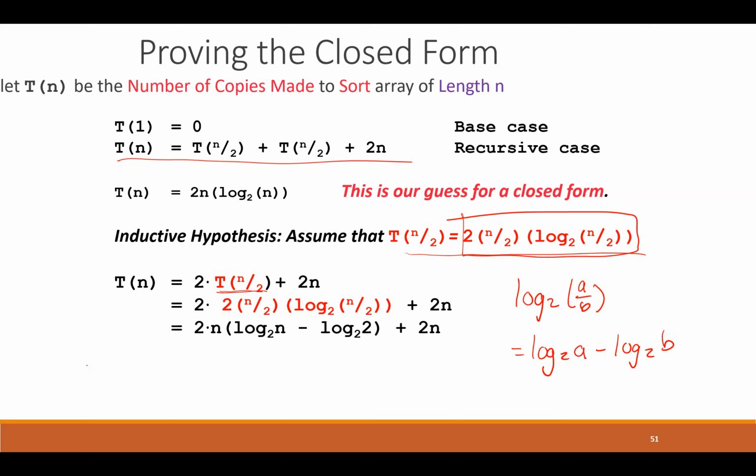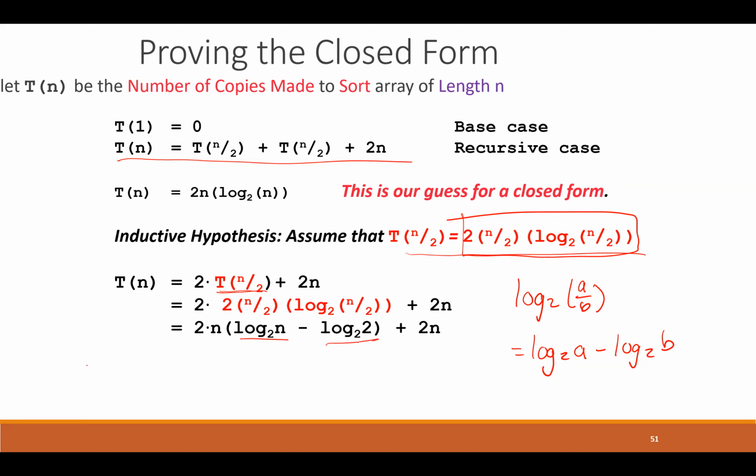That's a property of logarithms. If I did log base 2 of a times b, that's equal to log base 2 of a plus log base 2 of b. So I can take this logarithm and express it as log base 2 of n minus log base 2 of 2.